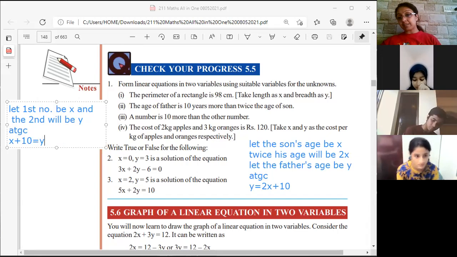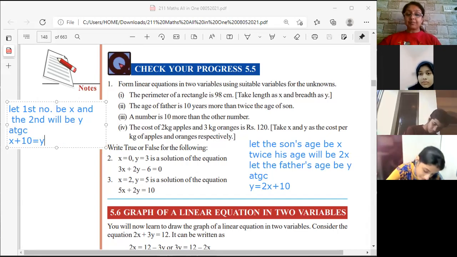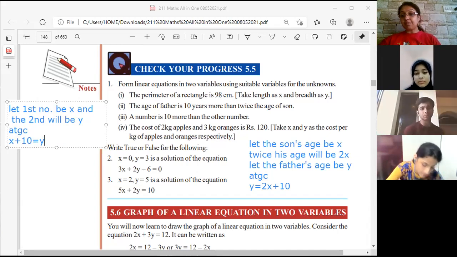This is also going to be right, because a number is 10 more than the other number. So if the first number is 10 more than y, we can write x plus 10 is equal to y. Or we can write x is equal to y plus 10, because we don't know which number they are talking about. Is it very clear? Can we move to the next?